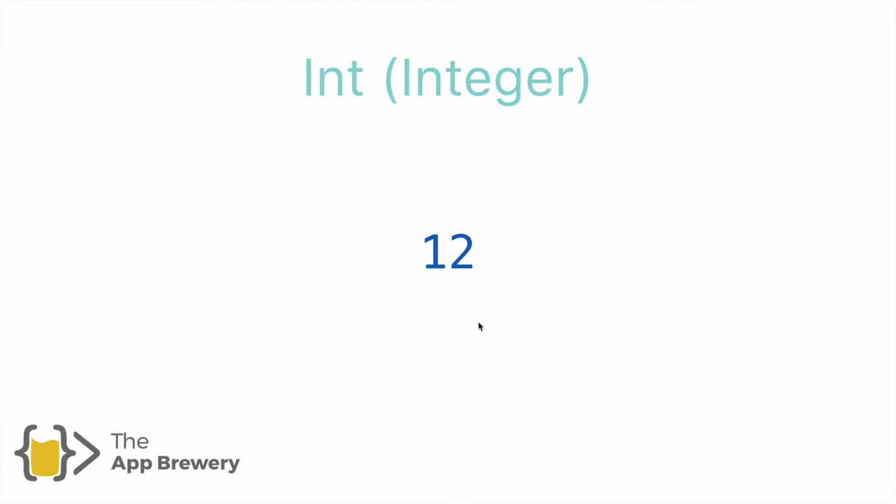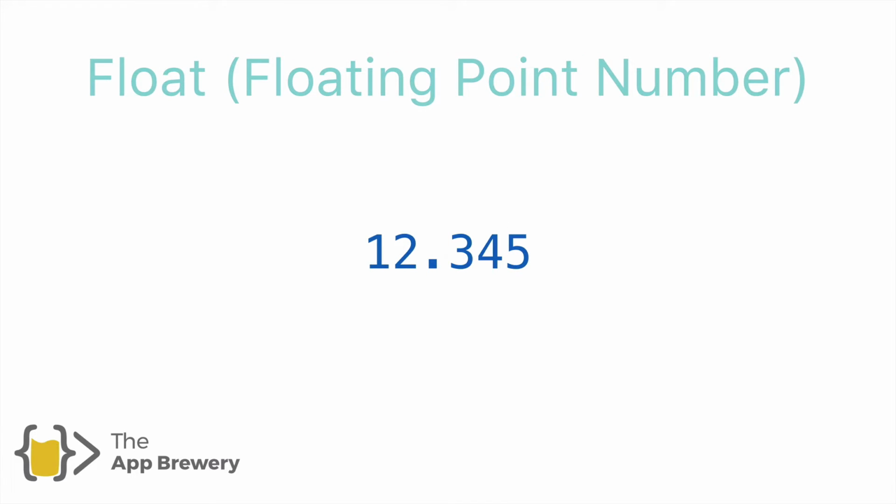Now, what if you needed some decimal places? What if you were calculating something that needed a greater level of accuracy than a whole number? Well, you could use something called a float, which is short for a floating point number. And of course, that floating point refers to the decimal point. Now, if you needed a greater number of decimal places to have greater accuracy, say you're creating some sort of scientific calculator and you need to give people, say, 600 decimal places, then you might want to consider using a data type called a double.